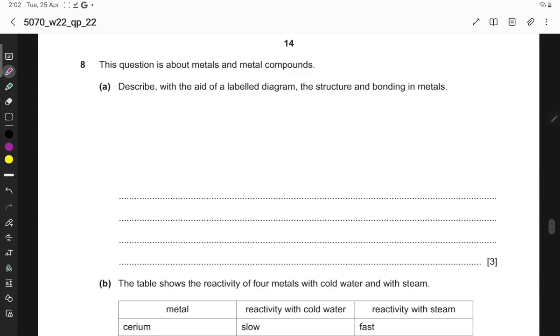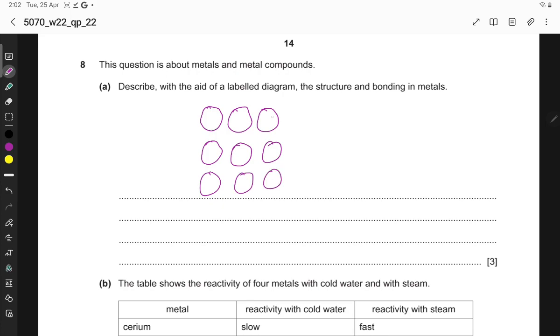Question number 8. The question is about metals and metal compounds. Describe, with the aid of labelled diagrams, structure and bonding in metals.